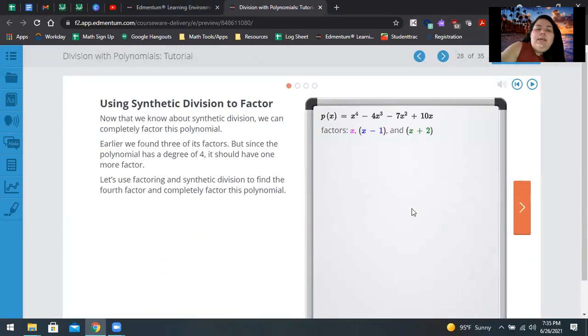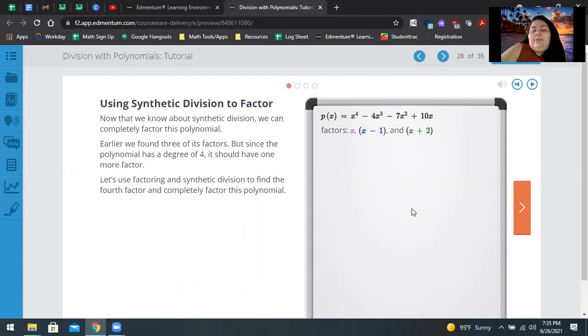So using synthetic division to factor. The idea with synthetic division is that it is an idea from long division. It is more of a shortcut, and you're trying to break down the polynomial as much as you can. Remember how I said when we're dealing with polynomials, we know how to deal with it when it has 2 terms, 3 terms.